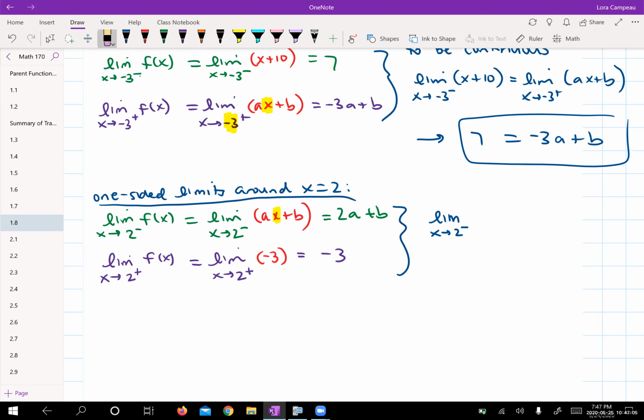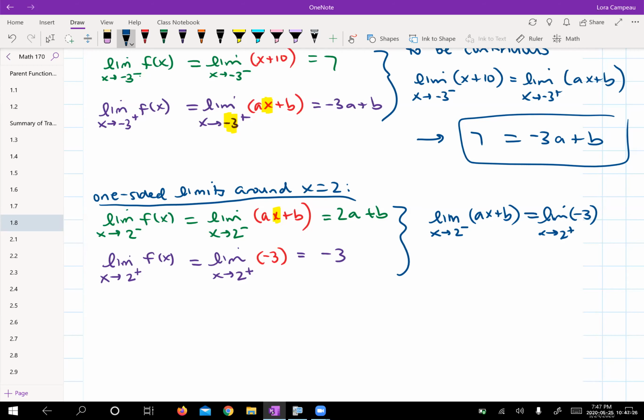And actually, I'll put the negative side first. So the limit as x approaches 2 from the negative side of ax plus b must equal the limit as x approaches 2 from the positive side of -3.